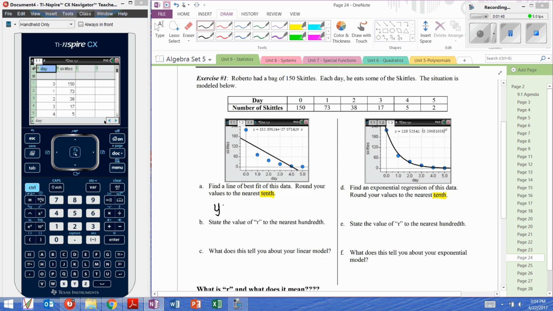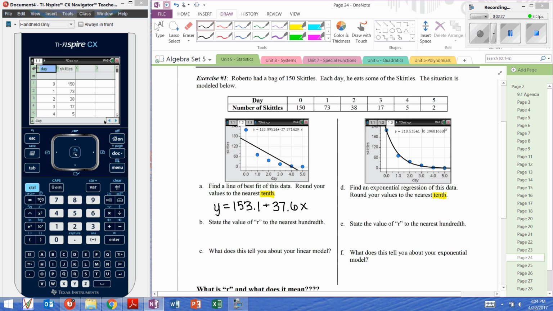So here we have y is equal to 153.1 plus 37.6x. This is not written in mx plus b format, but you can see here's our m and here's our b. It's addition, so it's commutative. We can write it in whatever order is given. But the one thing that they haven't given us is the value of r, and I don't even know what that means just yet. Let's hold off on part b.